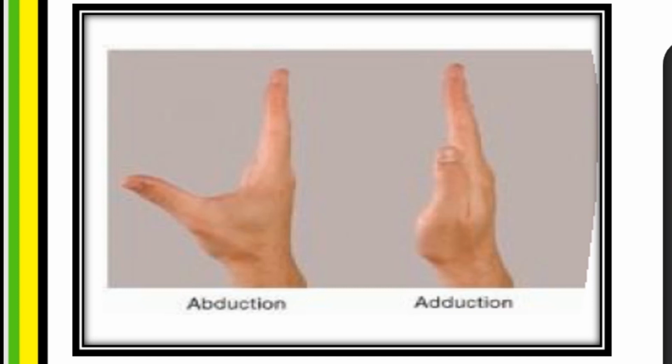And bringing the thumb back to lie in the same plane is called adduction. So this is abduction, and then returning the thumb back on the same plane is adduction. Abduction and adduction occur in a perpendicular plane between the thumb and the rest of the palm.